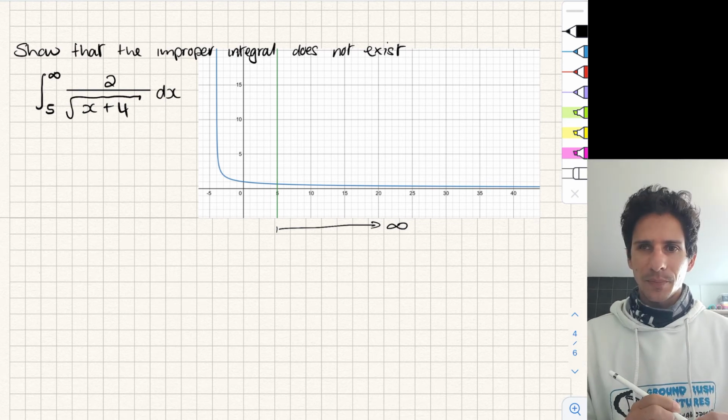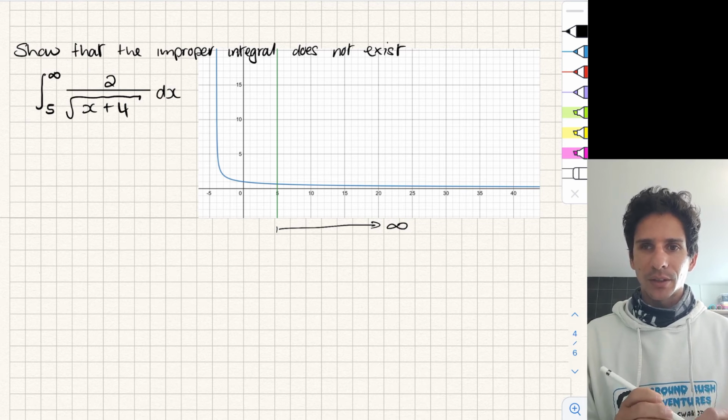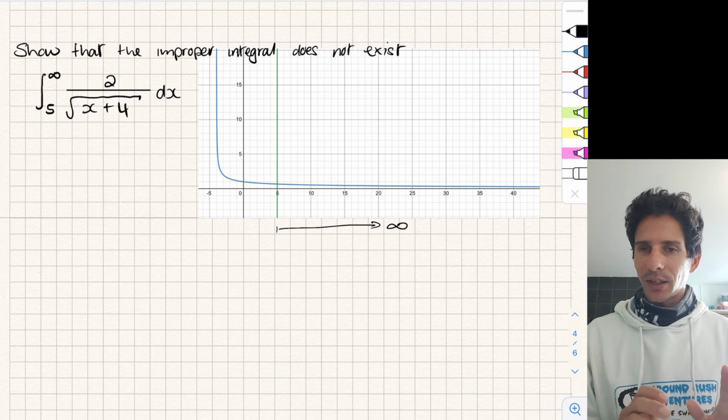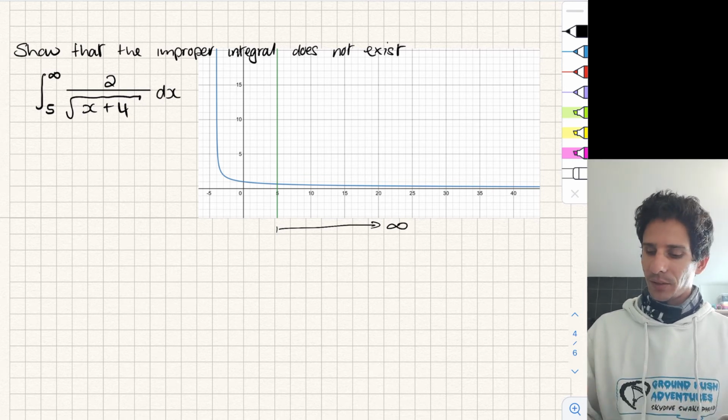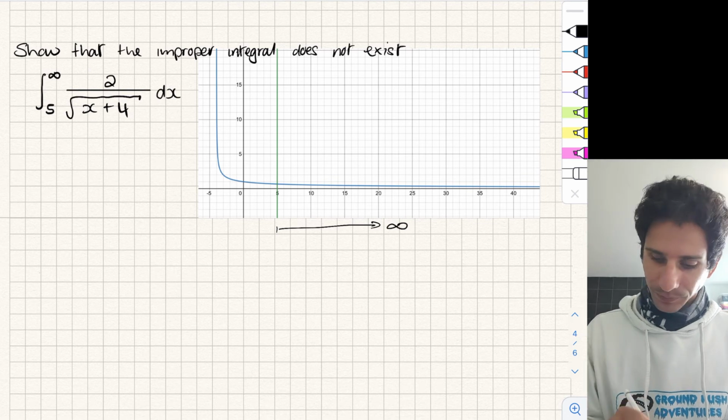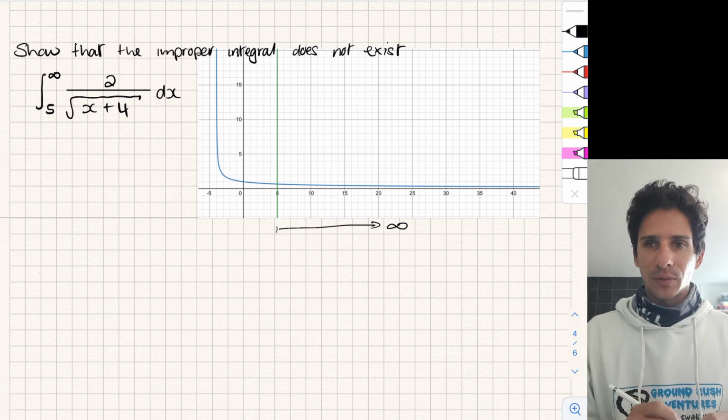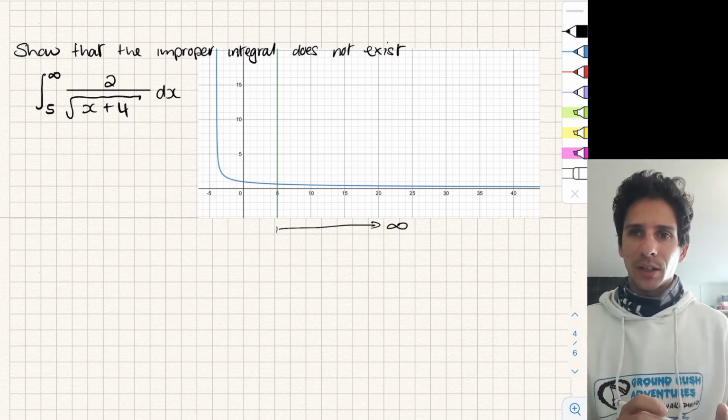In other words, it gets close, but it doesn't get so close that it's ever going to touch it. So we can see that this could go on forever and ever. So let's prove that.